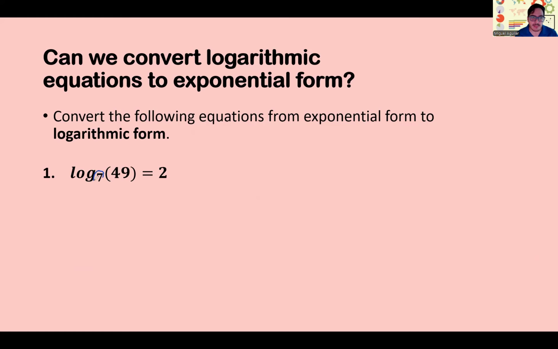I always think about writing the base first. And remember, when you're not in log form, you don't have to write the word log. So it's just 7 to the second power equals 49. And that makes sense with what I explained earlier, that this logarithm is really saying 7 to what power gives you 49? Well, that's the 2.